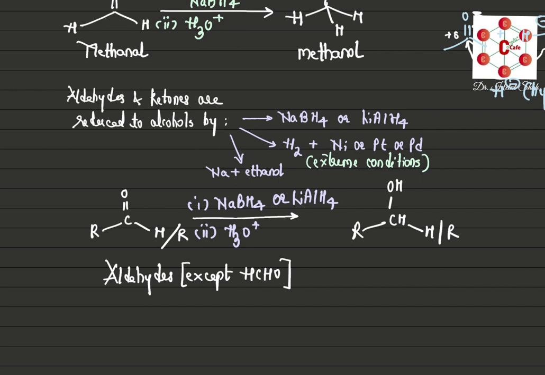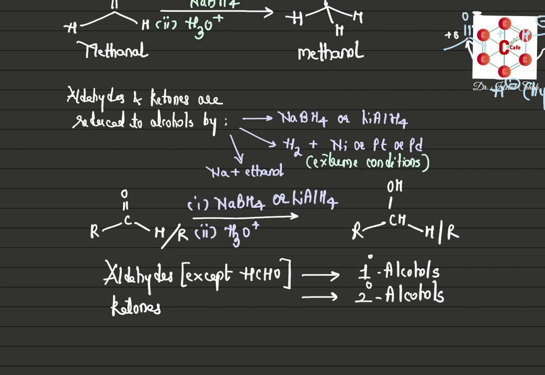You know that formaldehyde gives methanol. So all aldehydes except HCHO would give you primary alcohols. And all ketones would give you secondary alcohols. All good? So this is how it goes.